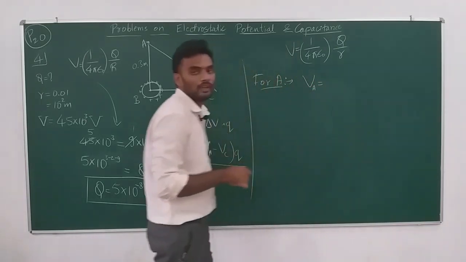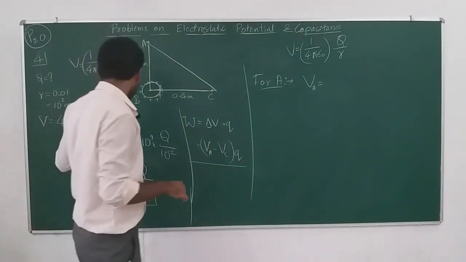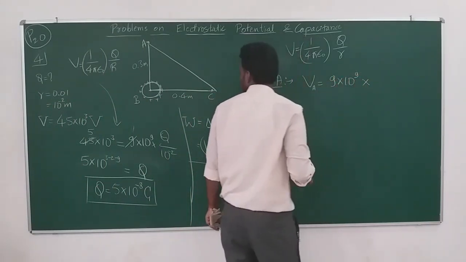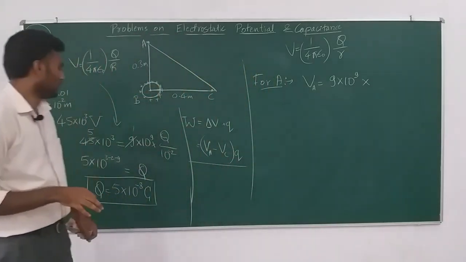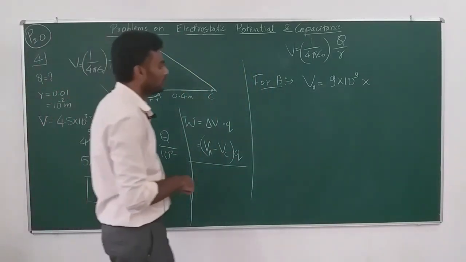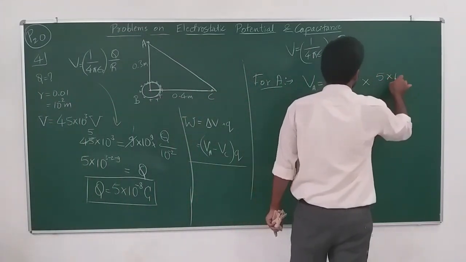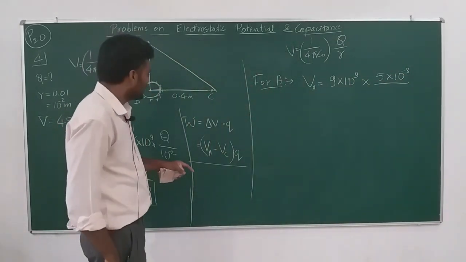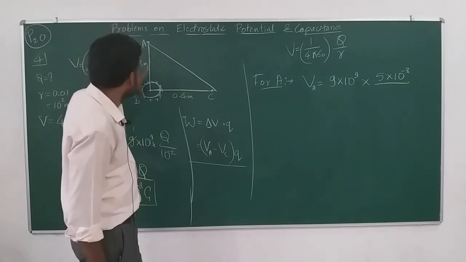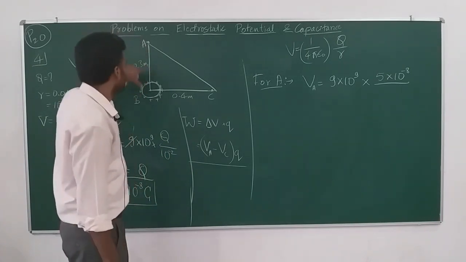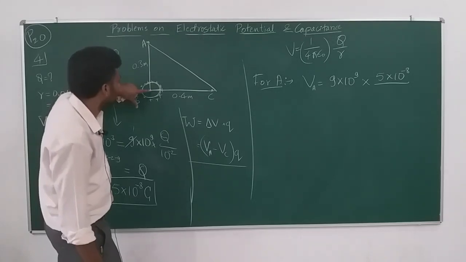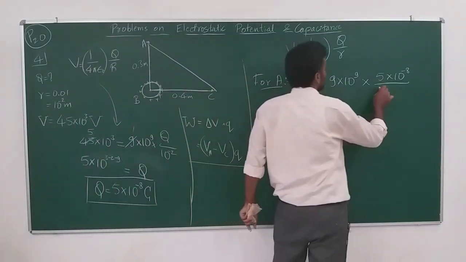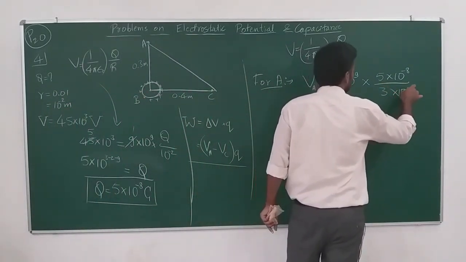Va is equal to 1 by 4 pi epsilon naught, which is 9 into 10 to the power of 9, into the charge accumulated on this body that we have calculated, which is 5 into 10 to the power of minus 8, divided by R. R is the distance from the center of the charged body to point A, which is 0.3 meter. 0.3, I will write it as 3 into 10 to the power of minus 1.